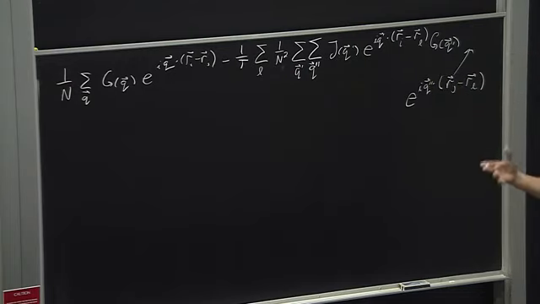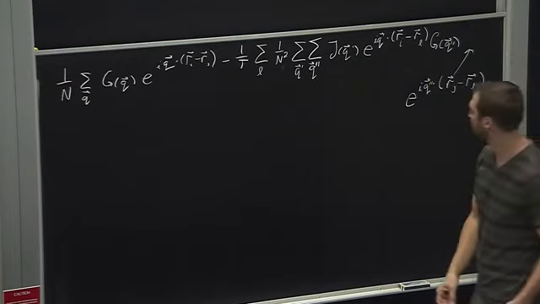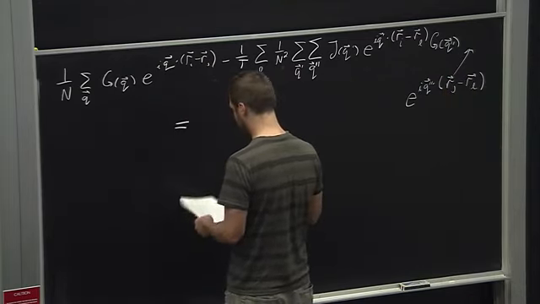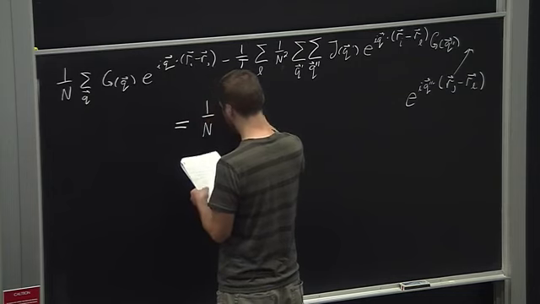Okay, and on the right-hand side, I just have the delta function. So that's the left-hand side equals the delta function, which is just the empty Fourier transform.